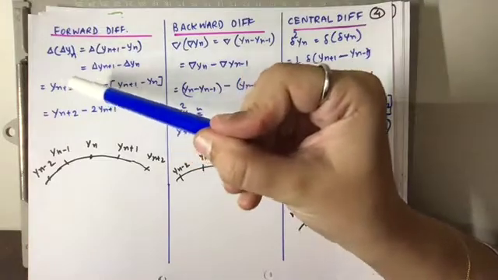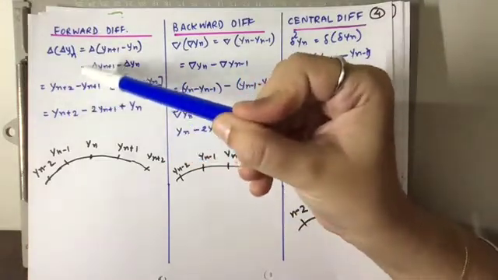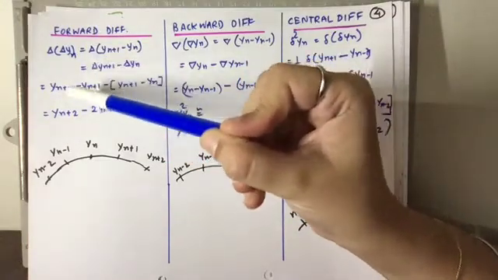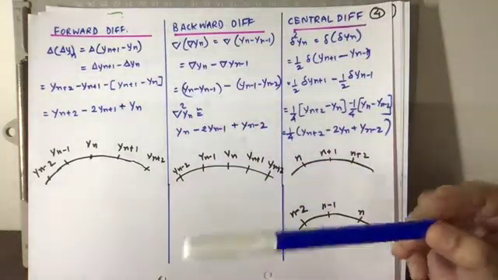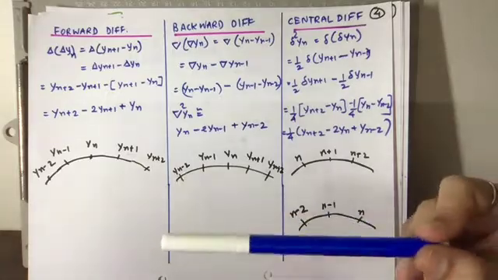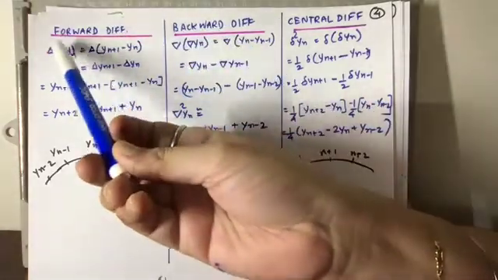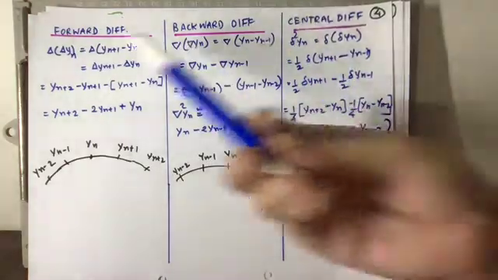So now we have written the first differentiation in three ways: central, forward and backward. We are now talking about the second differentiation, that is d square y by dx square. It can be written in any of three ways.